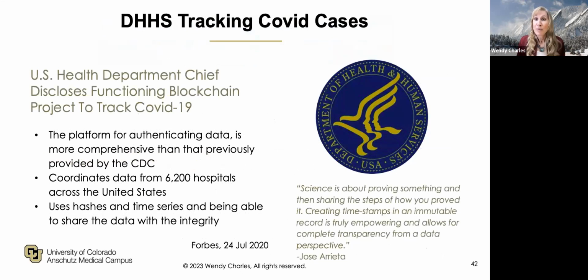You may recall there was a big controversy when COVID case reporting was transitioned from the CDC to the Department of Health and Human Services. People said, oh, it's all political. What they didn't know is that the reporting was transitioned so that COVID cases could be tracked on a blockchain.